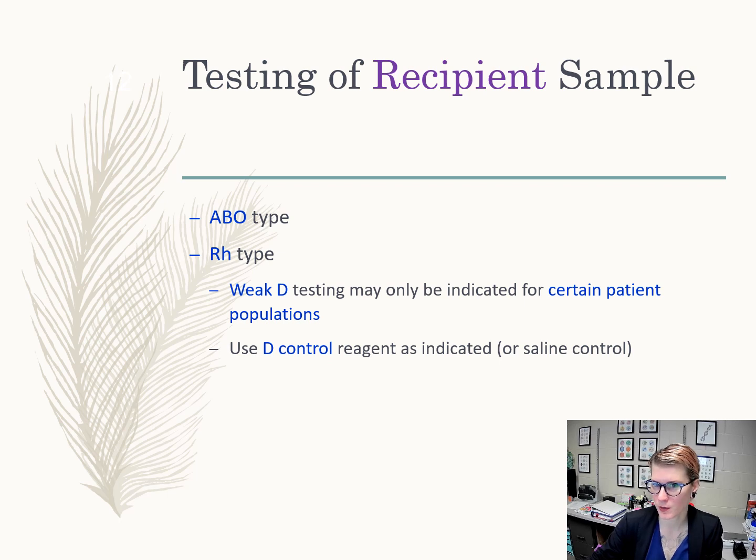Okay, once that recipient sample is received, you will do an ABO type and an RH type, which, remember, when we say RH type here, we're talking about D type only. If you remember, the RH has something like 52 antigens, so RH type is very extensive.